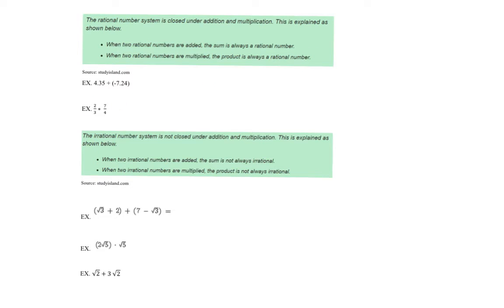And so just for an example, if you take 4.35 and add negative 7.24 to that, your answer is going to be negative 2.89. That's still a rational number.